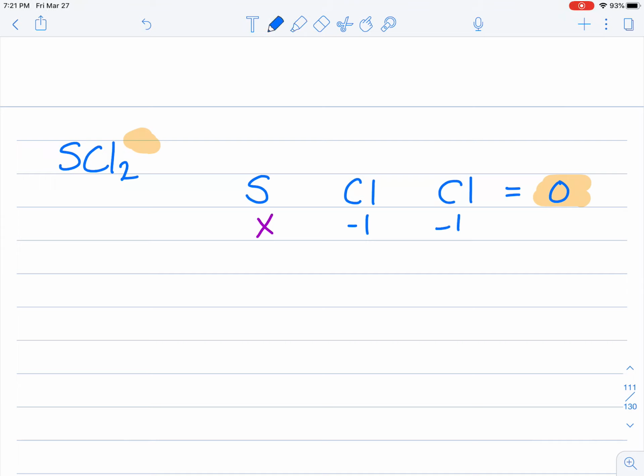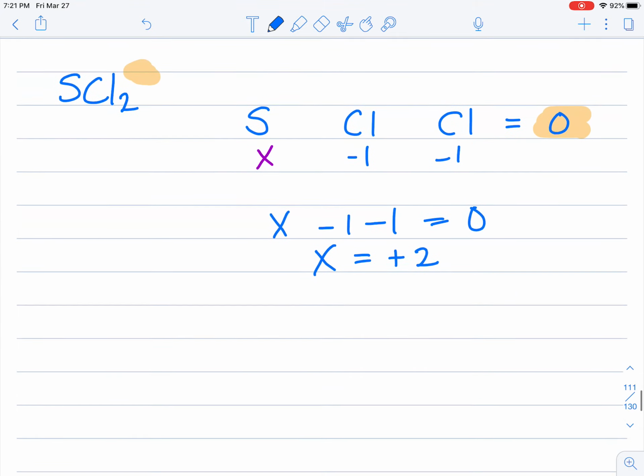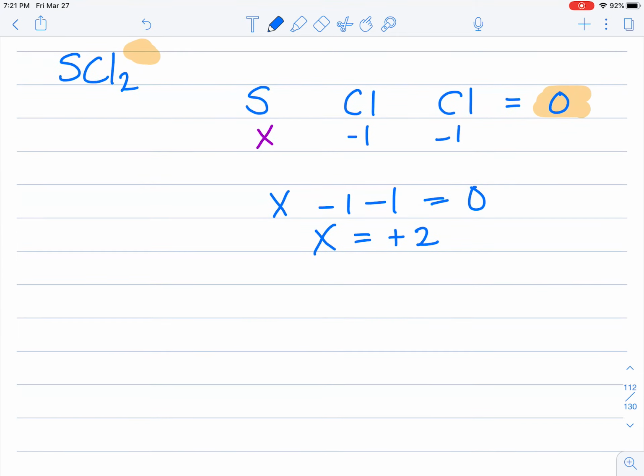All right, so from here, we just write this out like an algebra equation. X minus 1 equals 0. And so if we solve for x, we'll get x equals plus 2. So here, I'm going to write out my oxidation numbers.